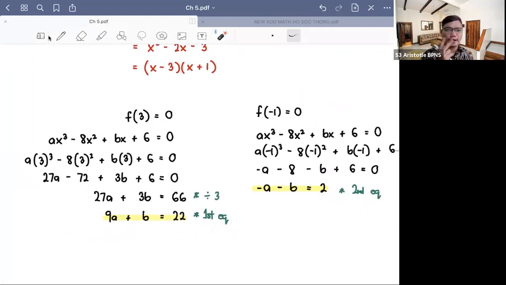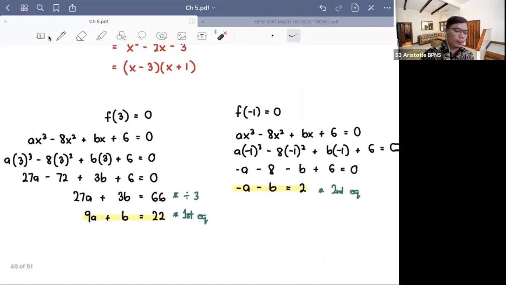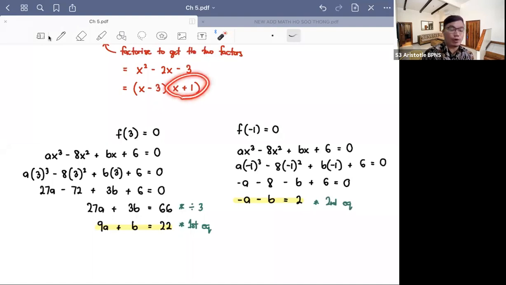All right, how about for my second equation? So again, for the second equation, you're going to use the x plus 1 factor. So that is another function, right? So the function is now f of negative 1 equals 0. Okay, so doing the same thing like what I did here. So given the expression, I'm going to substitute in, but this time it is negative 1 because I'm doing it for this factor.